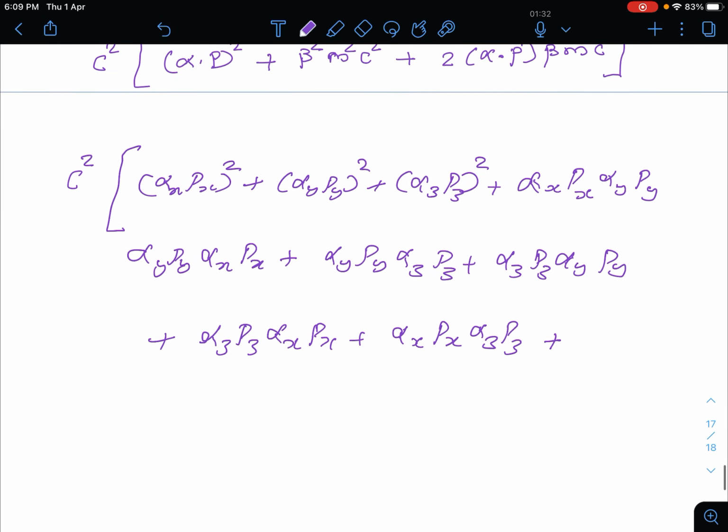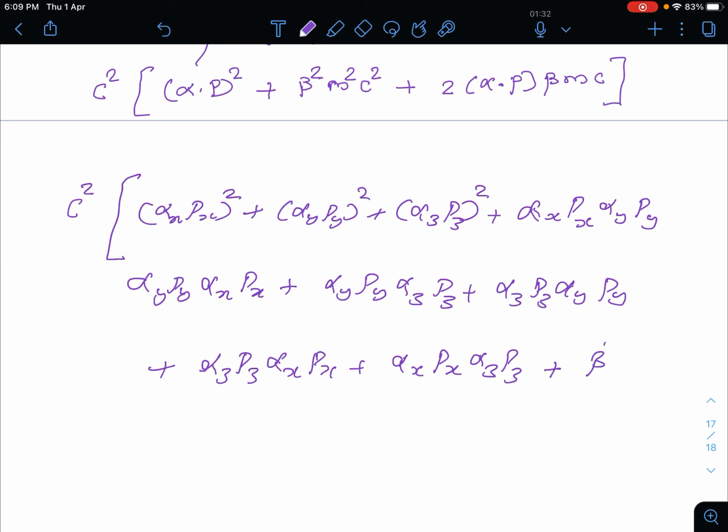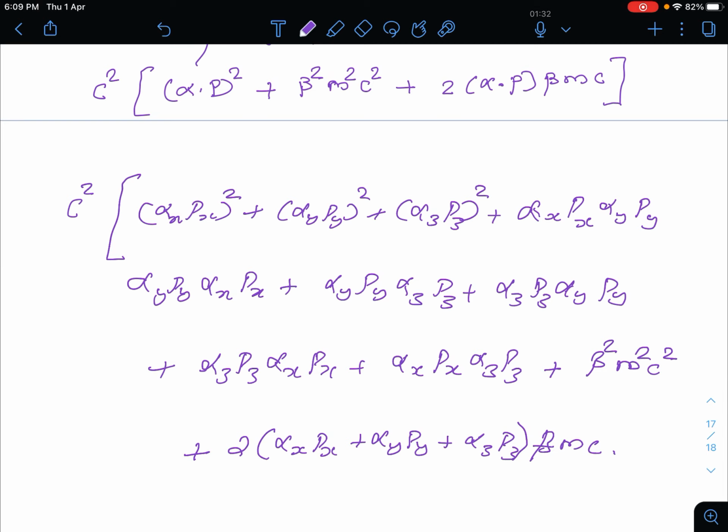Now beta square m square c square plus 2 into (alpha x px plus alpha y py plus alpha z pz) into beta mc.